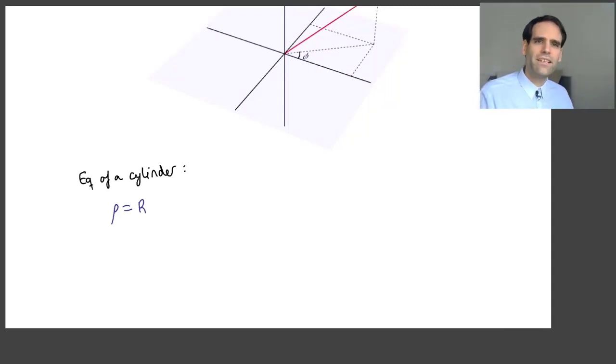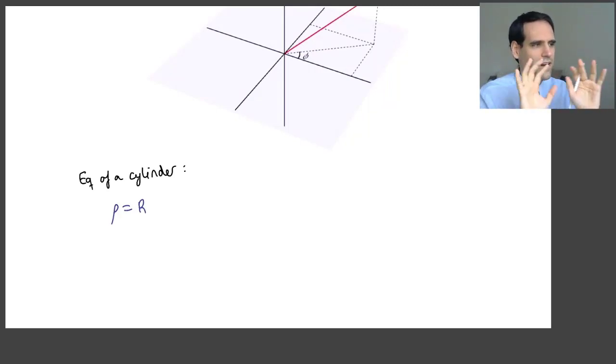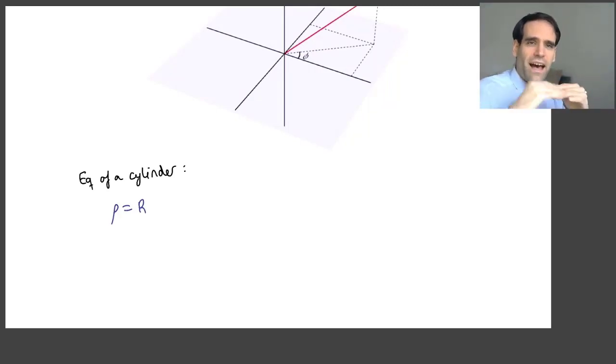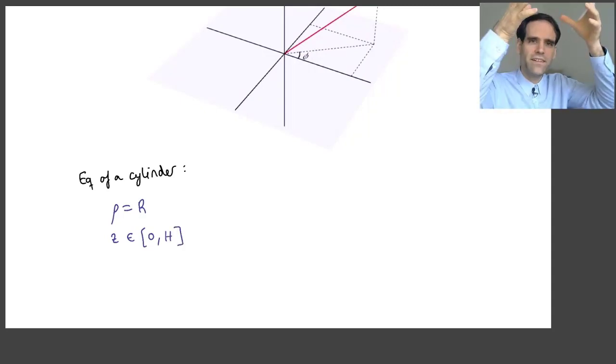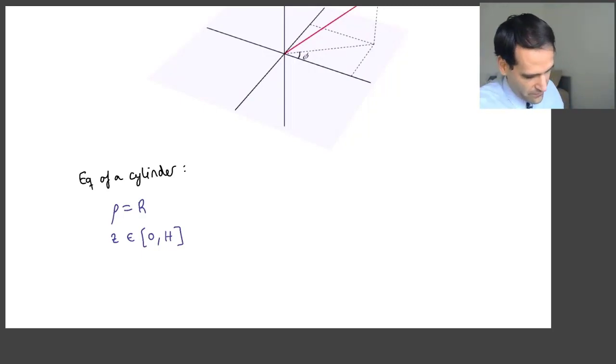That is the equation of a cylinder because the distance to the z-axis is this value of r, so that defines a cylinder. You can further specify the height of the cylinder by saying that z is a variable that moves between 0 and h, for example. So that will be a cylinder that starts at z equals 0 and goes up to z equals h. And then phi would be the angle going from 0 to 2 pi.